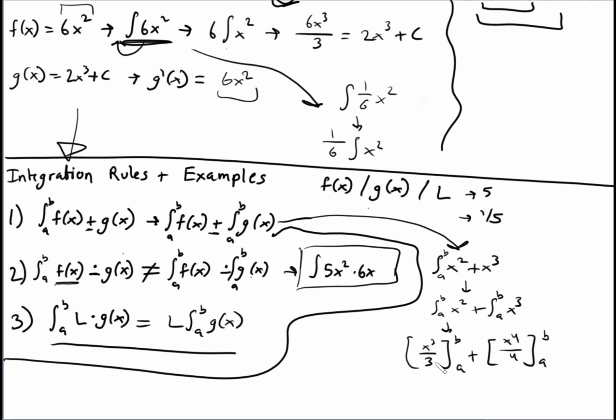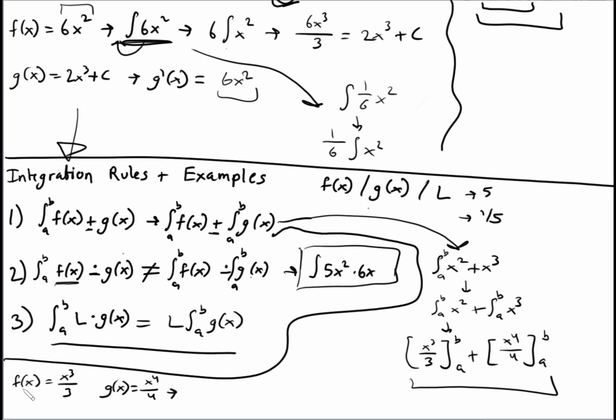If we were to take the derivatives of these respective functions right here, so we have very limited space here, but f of x is going to be equal to x cubed over 3, and g of x will be equal to x to the 4th over 4.